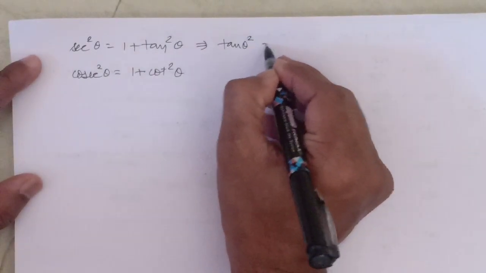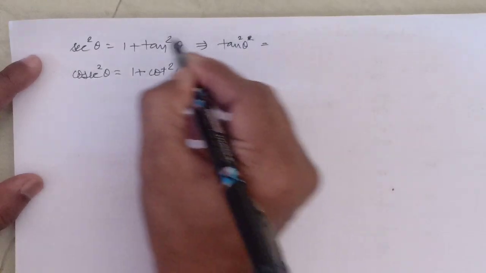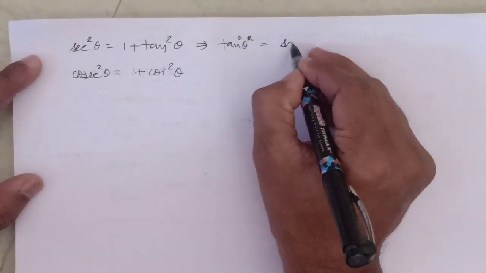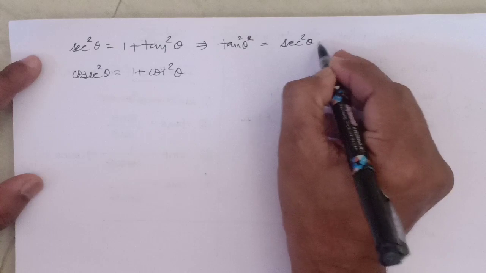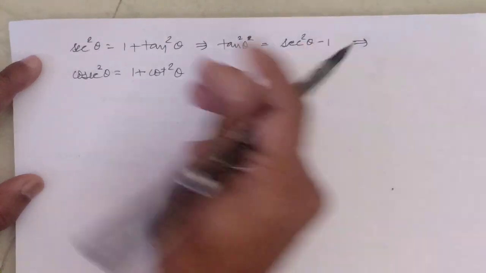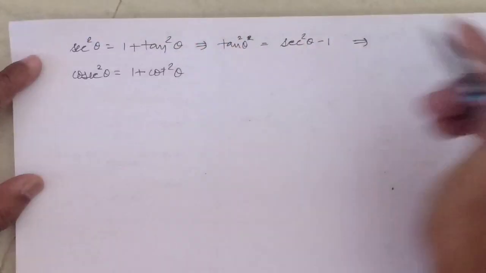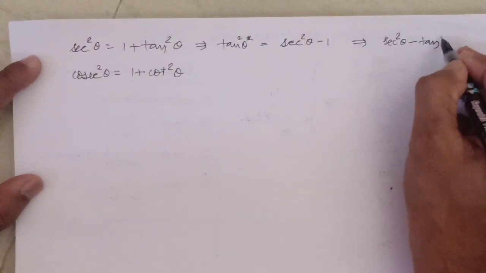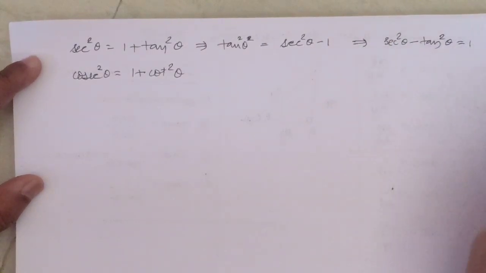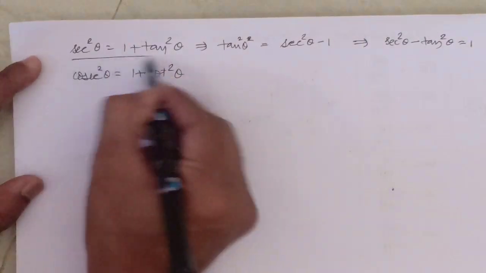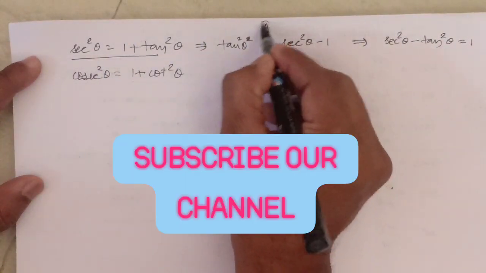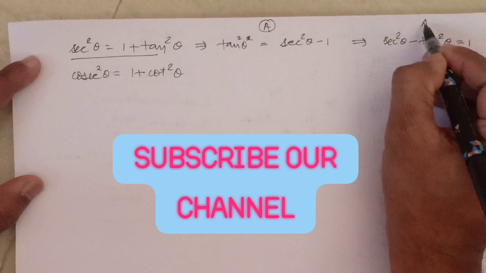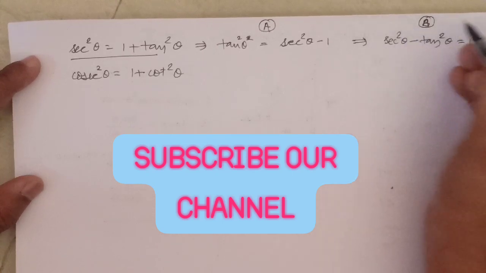tan square theta is equal to, if you shift 1 to that side, sec square theta minus 1, or if you shift tan square theta to that side, it will be sec square theta minus tan square theta is equal to 1. In this way, from one formula we made A formula, we made B formula.